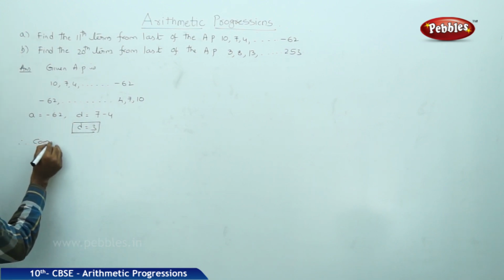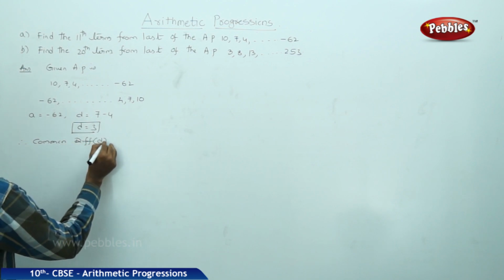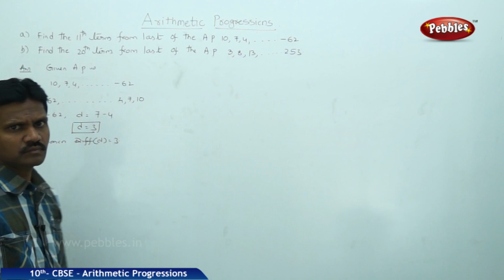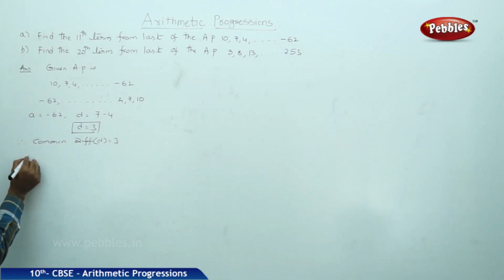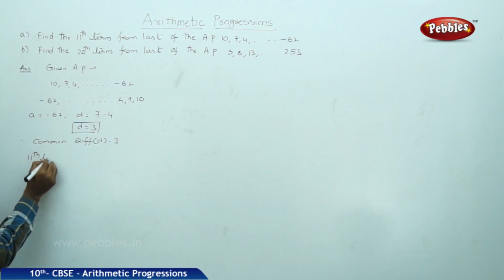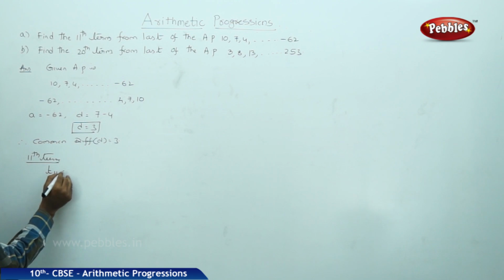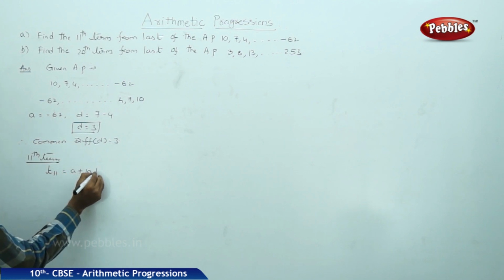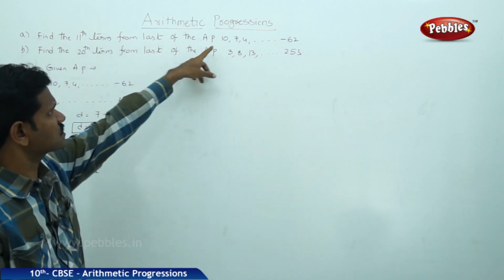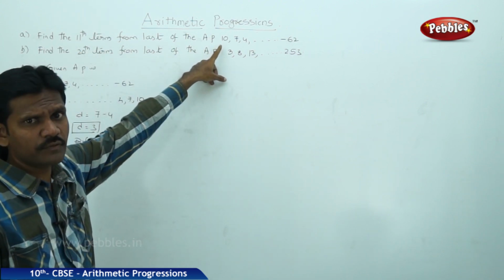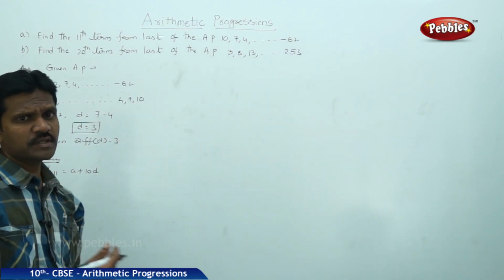Therefore, common difference D is equal to 3. Now we want the 11th term from last. Therefore, 11th term T11 is equal to A plus 10D. If the question is from the beginning, we will write that is the 11th term from the last. But what we did, the procedure is the reverse.